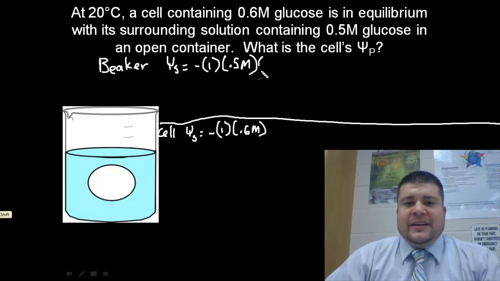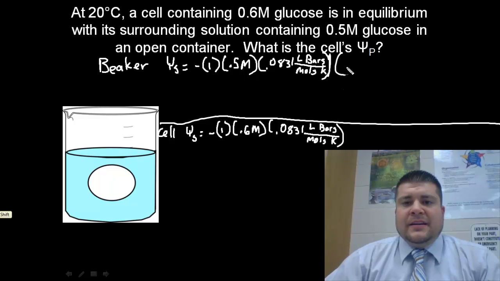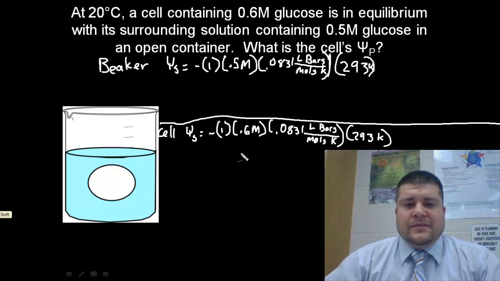And so we can just add in our constant, which is 0.0831. And the last thing is temperature. It's at 20 degrees Celsius, so I add that to 273, so I get 293 kelvins. And over here I get 293 kelvins.